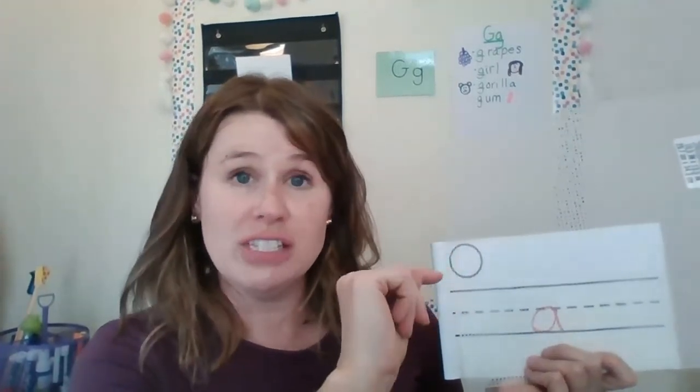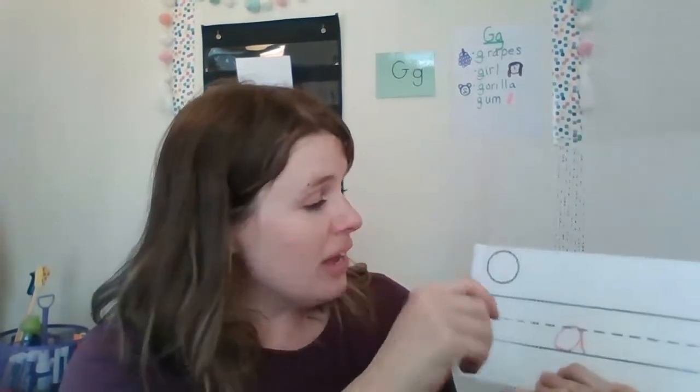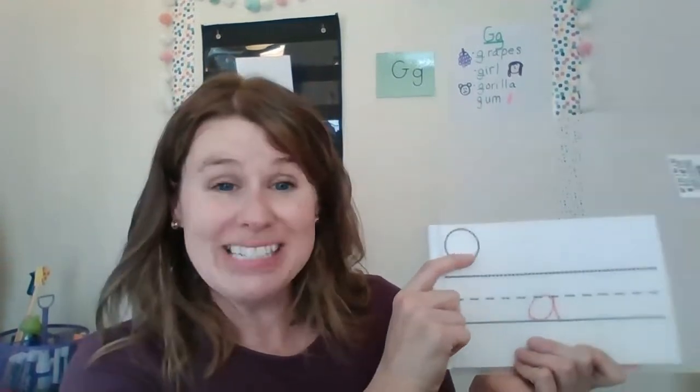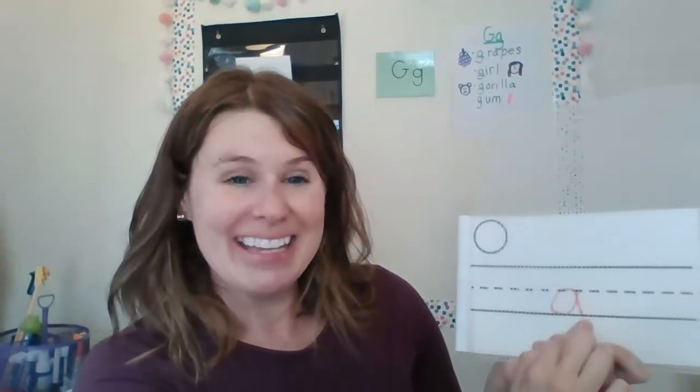You use your finger to trace on your couch, somewhere that you can feel a little bit different texture as you're writing the word. 3 times. 1, 2, 3. A. Last time. A.